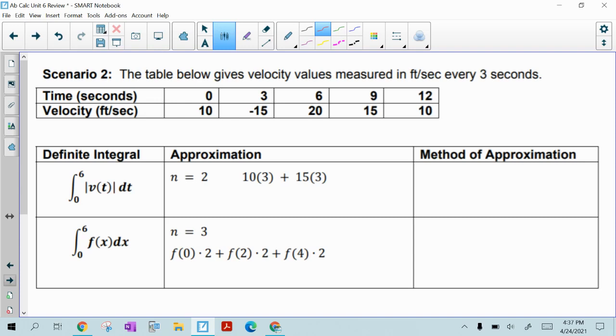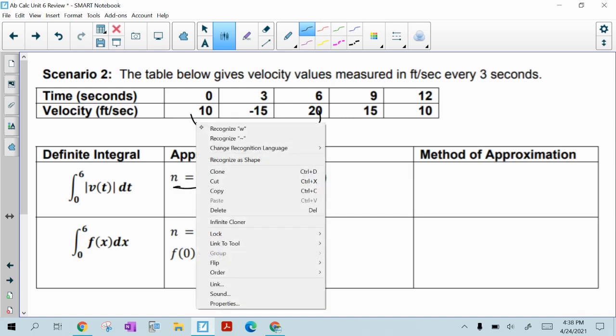Next up, it says the table below gives velocity values in feet per second every 30 seconds, and you're asked to once again determine what type of approximation technique you are using on this. Now, again, these are nice and easy because to go from 0 to 6, the obvious one would be to use 2 subintervals there, and all we need to do is work with this.